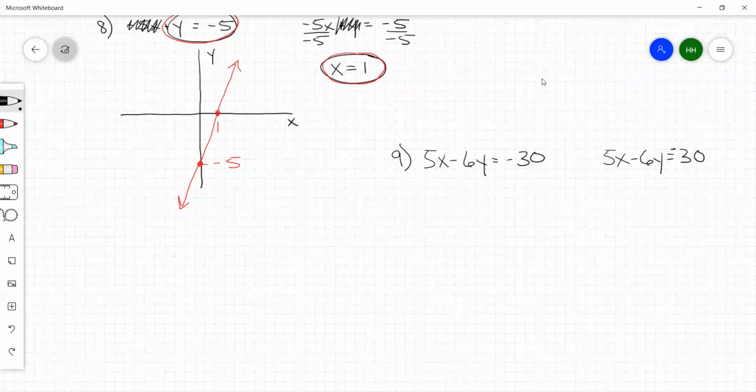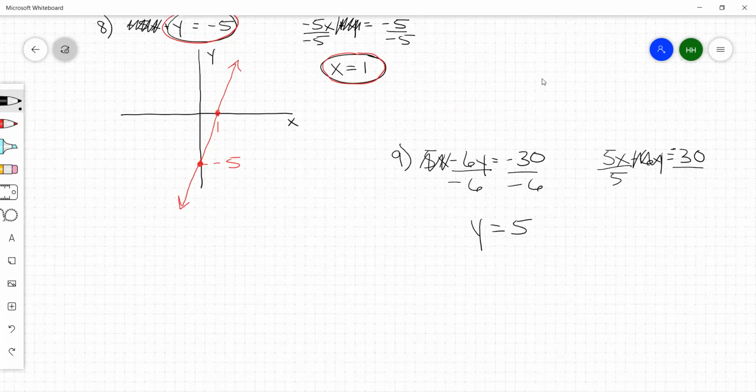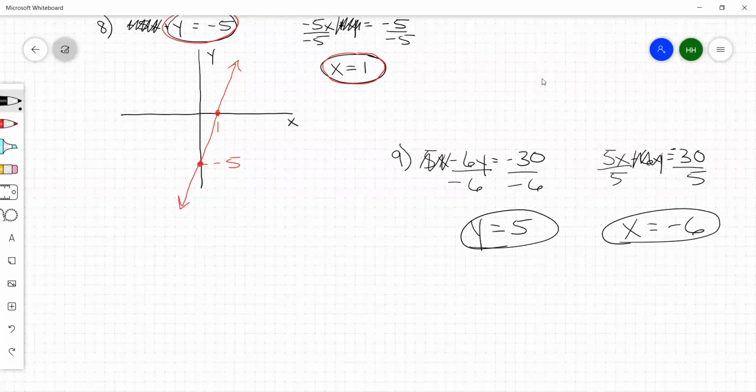In the first equation, get rid of the x. Second equation, get rid of the y. And solve for each variable. So divide by negative 6. Your y is equal to 5. Divide by 5. And your x is equal to negative 6. So those are the two places that the line will hit the respective axes.